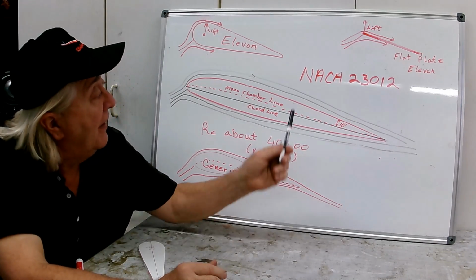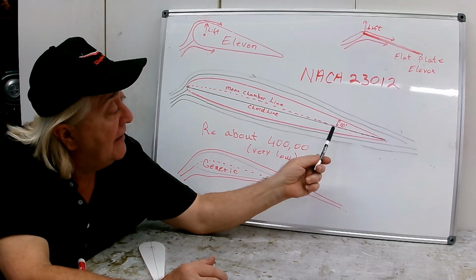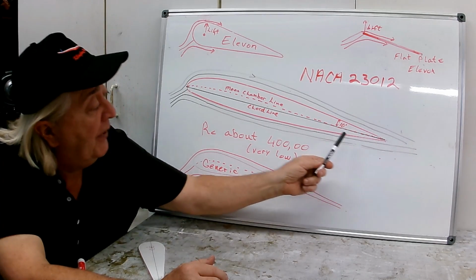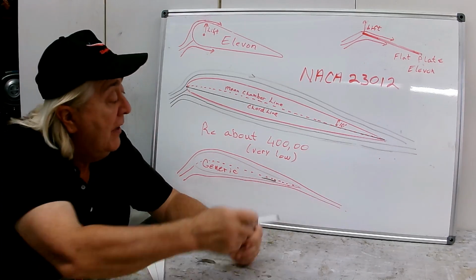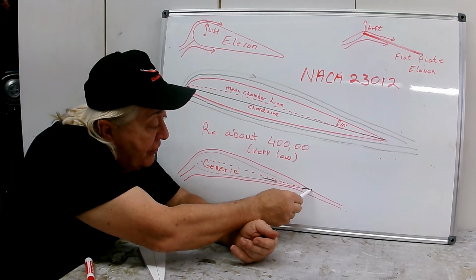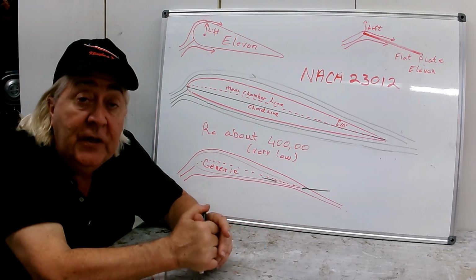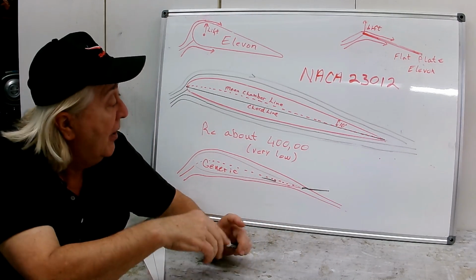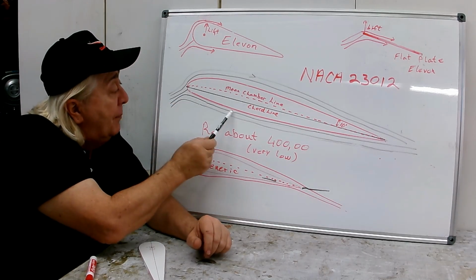So what they do on the NACA 23000 series is that they have this slight bit of reflex here, and what that causes is the flow, instead of going down at an angle, to go straight off the trailing edge like this for the most part. And that really reduces the nose down pitching moment. Plus, it's what we call a front-loaded airfoil. They do a little dip here in the lower surface.